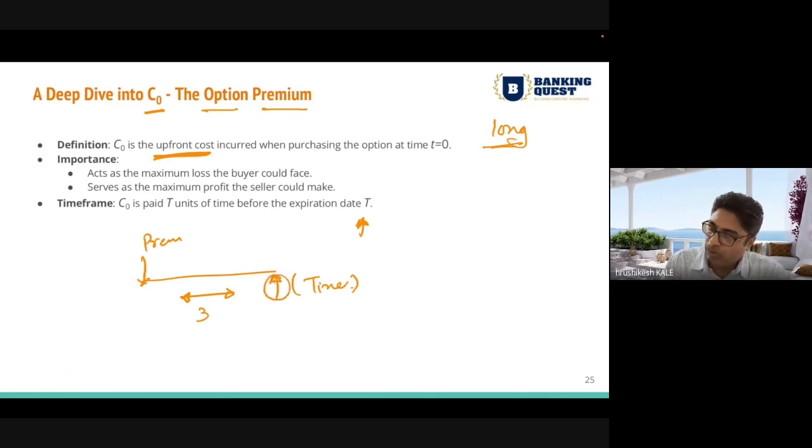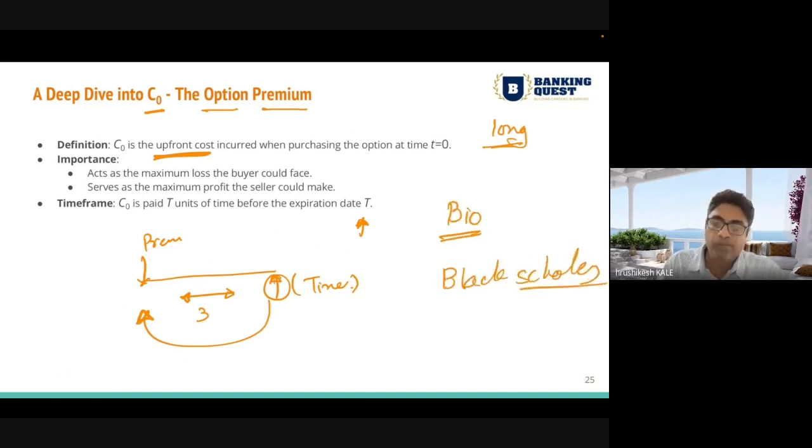Its value on today's date should be considered. And that's exactly what happens while calculating the option premium, in both the binomial and Black-Scholes models.